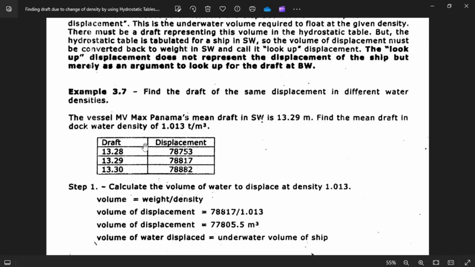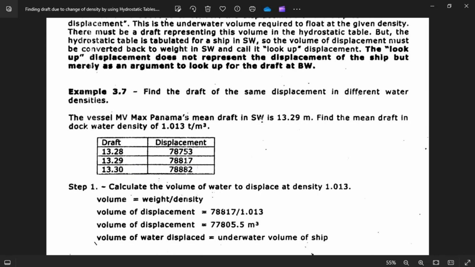Find the mean draft in dock water density of 1.013, meaning what will be its mean draft when the vessel floats in water density of 1.013. So this is the draft of 13.29, and the salt water displacement is 78817.